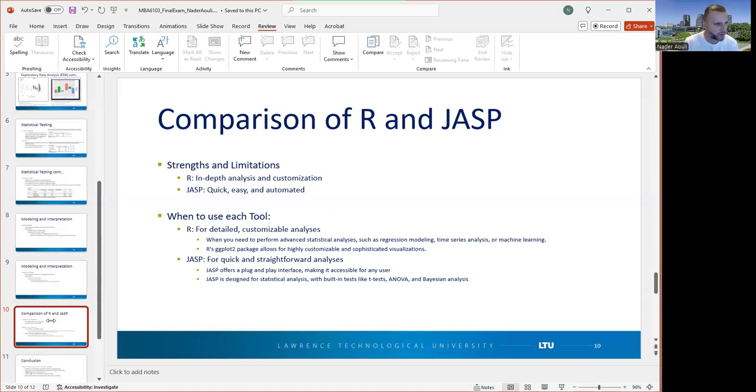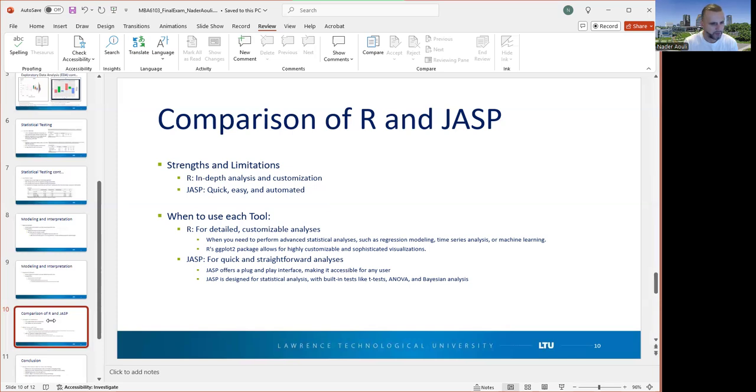And then JASP is quick, easy, and automated, a plug and play approach. So when should we use each tool? R is for detailed, customizable analysis, when you need to perform advanced statistical analysis, such as regression modeling, time series analysis, or machine learning.